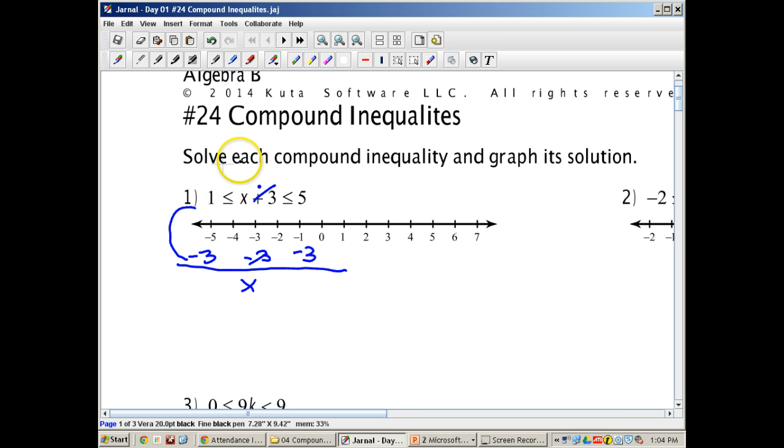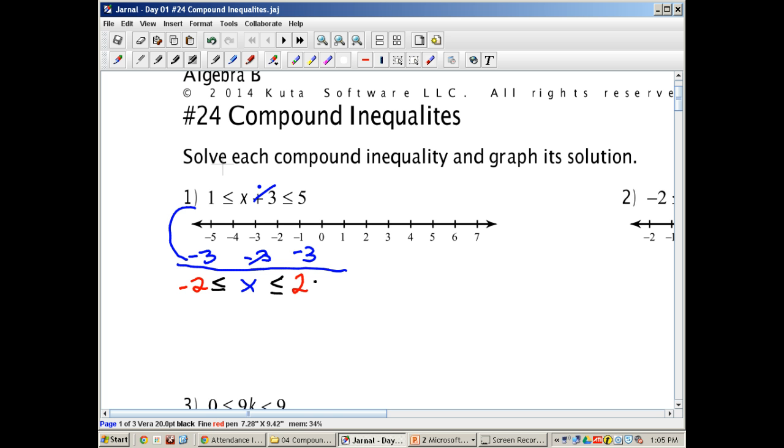Bring down the inequality signs, less than or equal to on the left, less than or equal to on the right. Remember, these can be different though. You have one and one, or they can be the same. There's only 2 possibilities though, either less than or less than or equal to. 1 minus 3 is negative 2, and 5 minus 3 is positive 2.